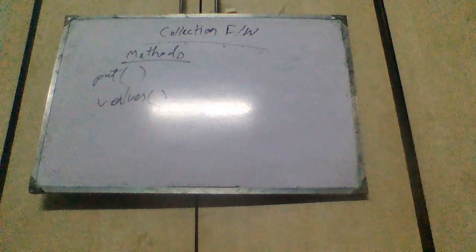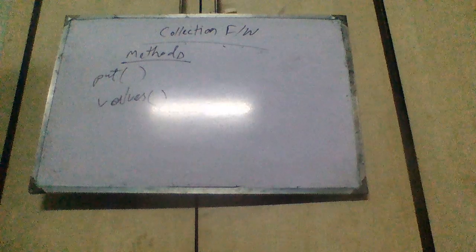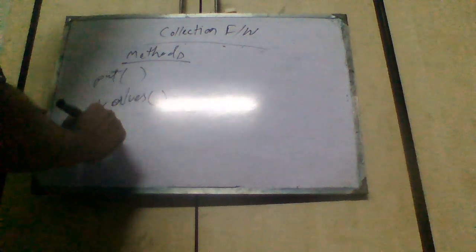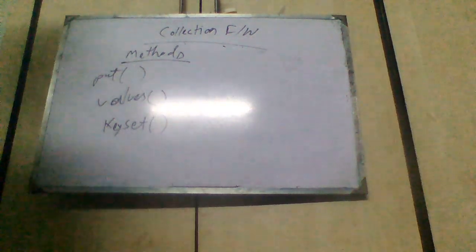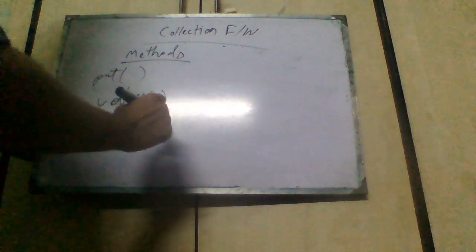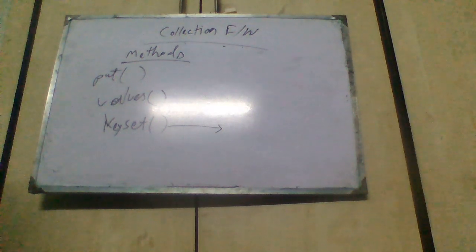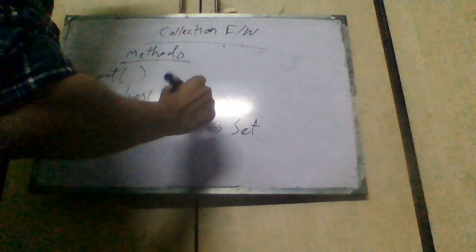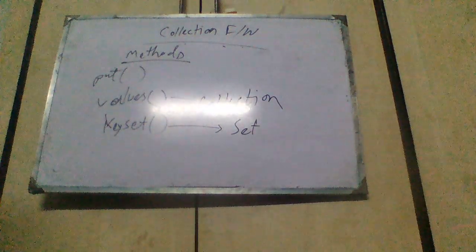Number three: if we want to get the keys, then we should use the keySet method, and the return type is Set interface. The values method's return type is Collection.